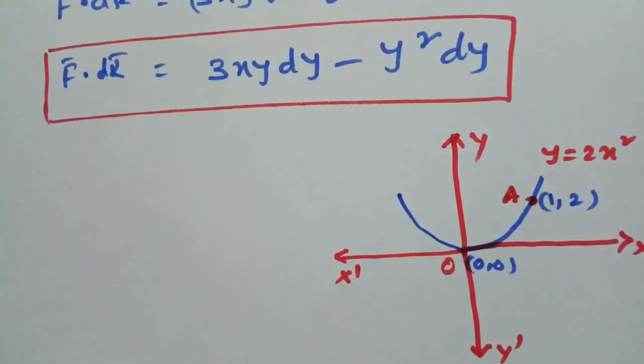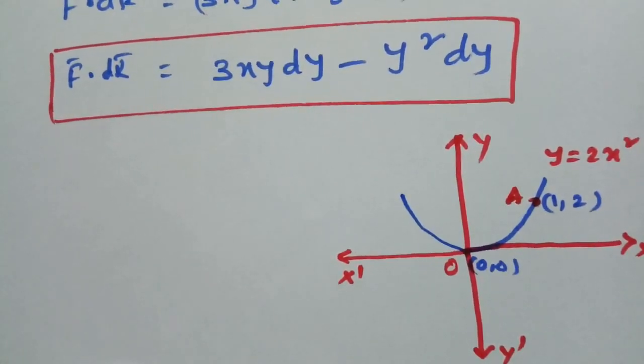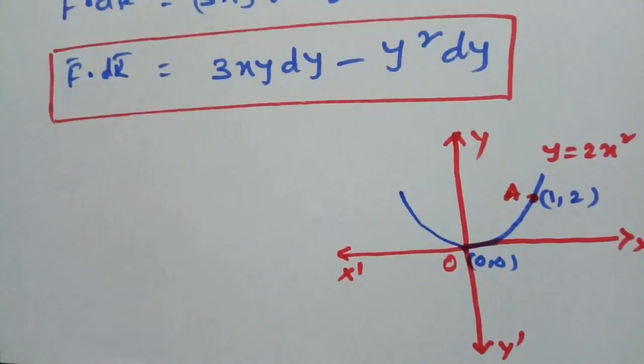So C is the curve in the xy plane, y is equal to 2x square from (0, 0) to (1, 2).